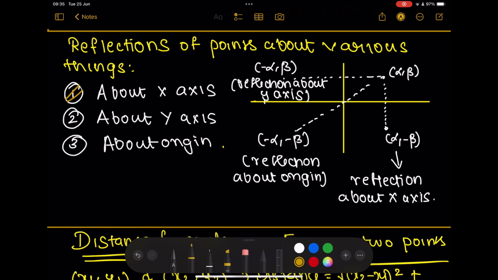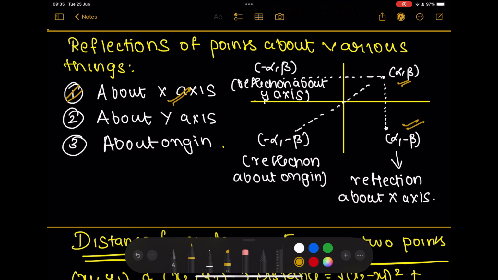Another important thing is reflection. There is a formula for reflection which we'll be learning later, but these are just some basic reflections which you have to keep in mind, because sometimes in questions they'll use them, right? So reflection of a point about various things. First about the x-axis. Suppose you have any point alpha comma beta, its reflection about the x-axis will be alpha comma minus beta.